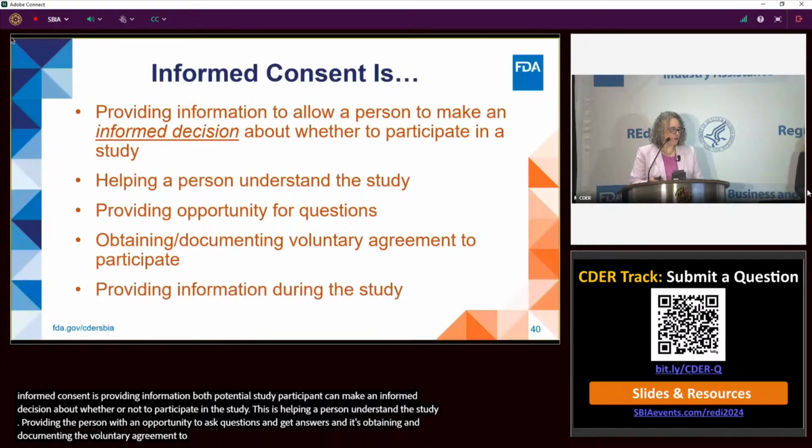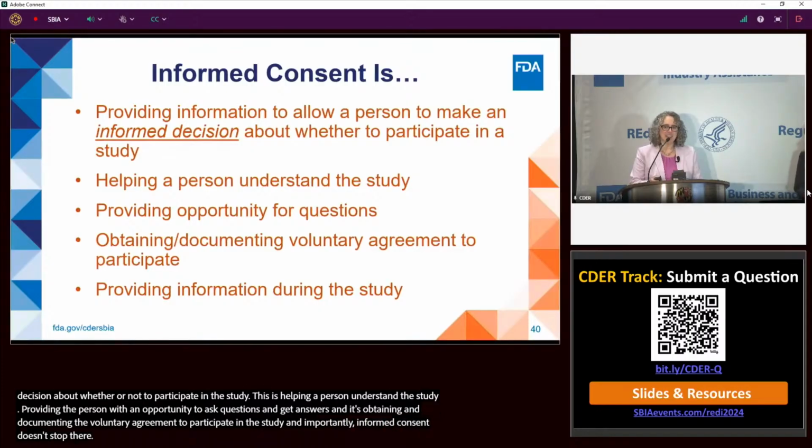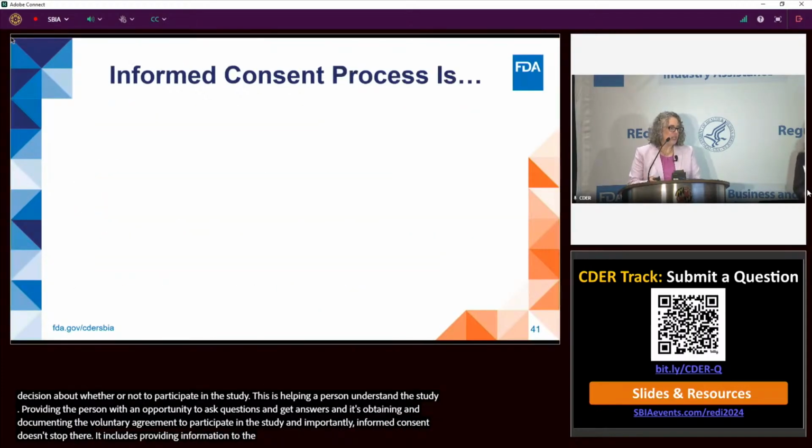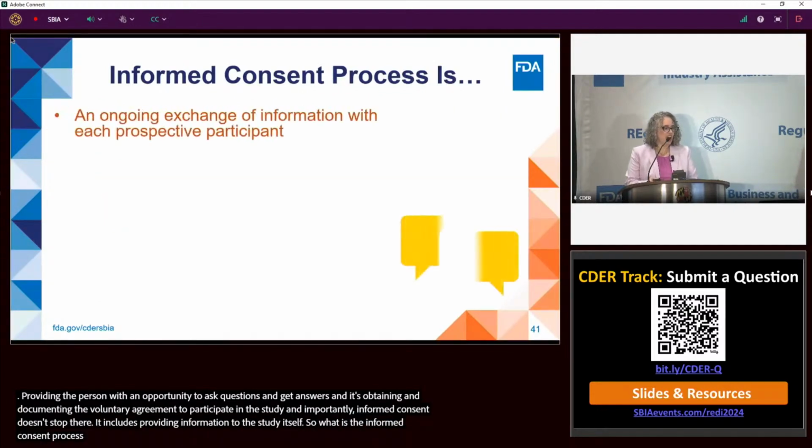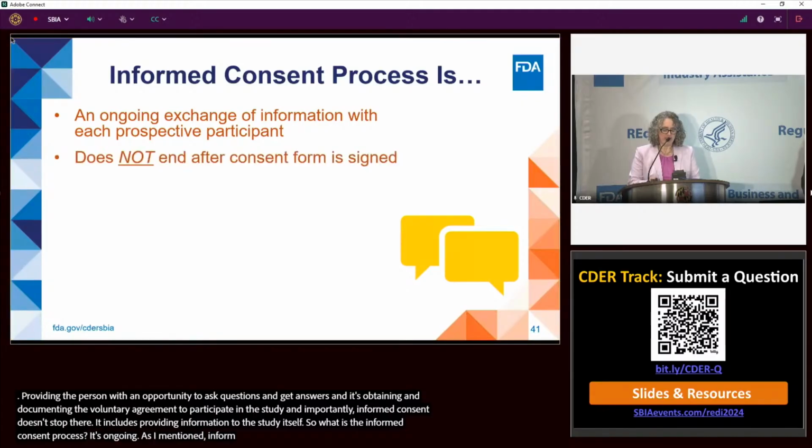And importantly, informed consent doesn't stop there. Informed consent includes providing information during the study itself. So what is the informed consent process? It's an ongoing exchange of information with each prospective participant. As I mentioned, informed consent does not end after the person agrees to participate.